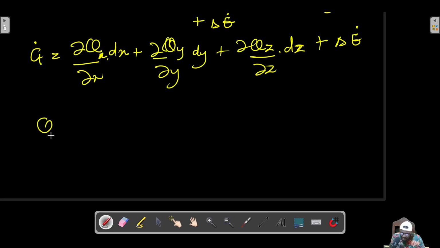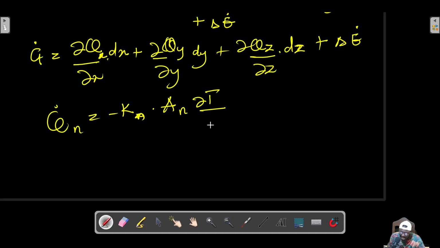According to Fourier's law, the conductive heat flow along some particular axis can be written as negative K along that same axis, multiplied by the cross-sectional area perpendicular to the heat flow along the n-axis, multiplied by the partial derivative of the temperature field with respect to the axis. Yes, this is from Fourier's law.